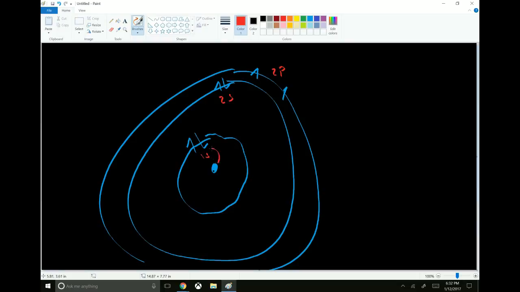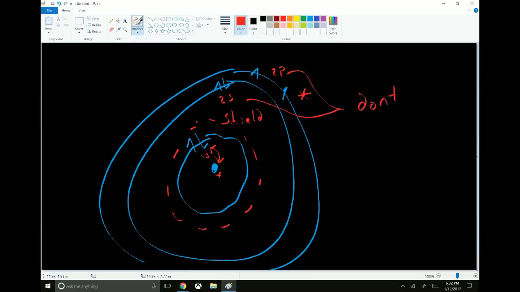Not only are these guys closer and more tightly bound to the nucleus, but they also act as a shield. They are in between the nucleus and the outermost energy level. Okay, so these guys, they don't feel the nucleus quite as strongly.